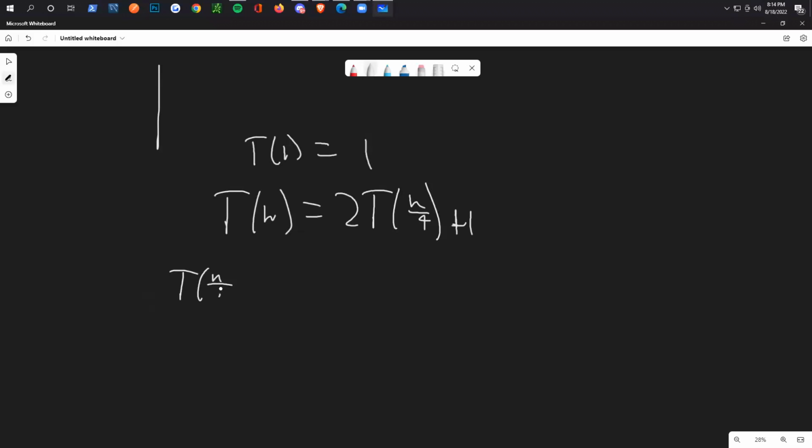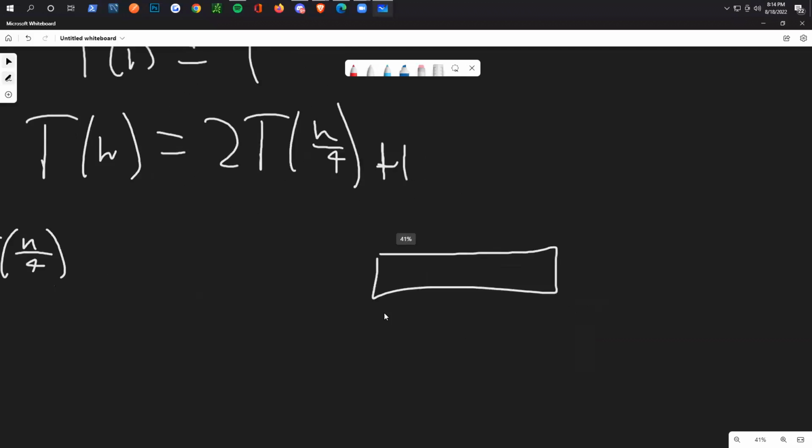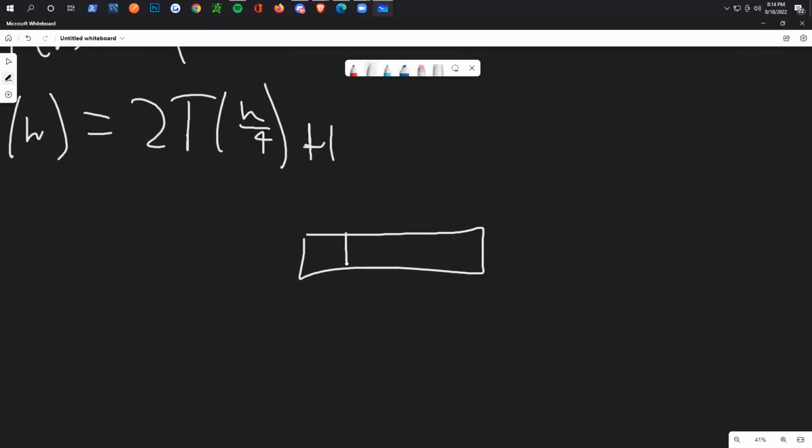So we have T of n divided by 4. So notice, let's say you have an array, right? So you have an array of 4 items. So if you're going to divide n divided by 4, so 4 divided by 4, that means you're kind of going to be dividing into 4 different sections in a way.